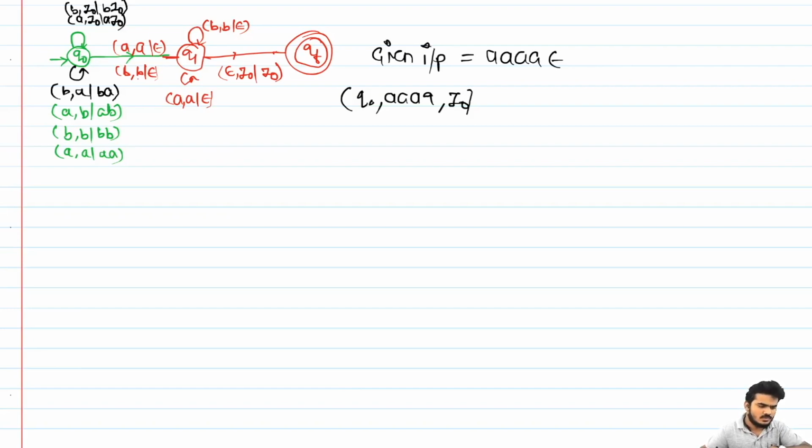Let's assume the first A occurred. In Q0, the input is A and the top of the stack is Z0, so we stay in the same state, Q0. The remaining input is triple A, with epsilon here, and finally we push that A into the stack.